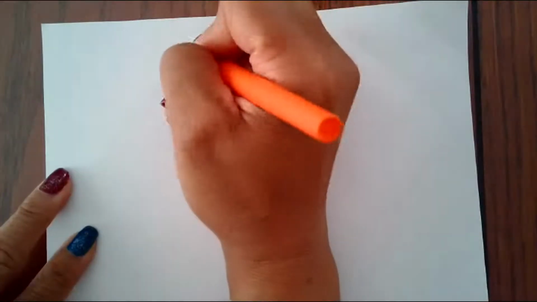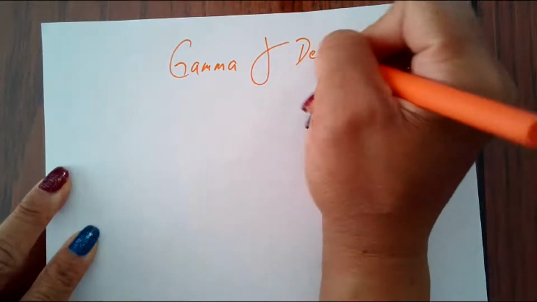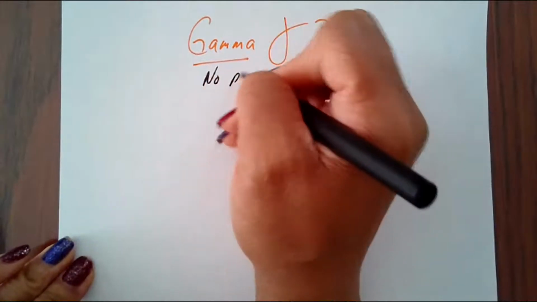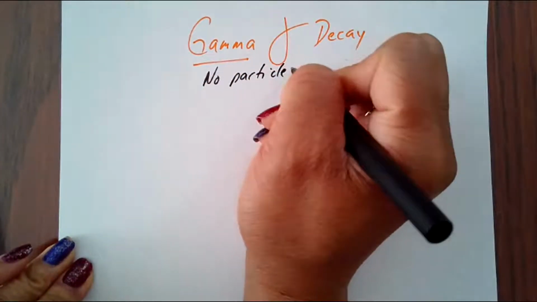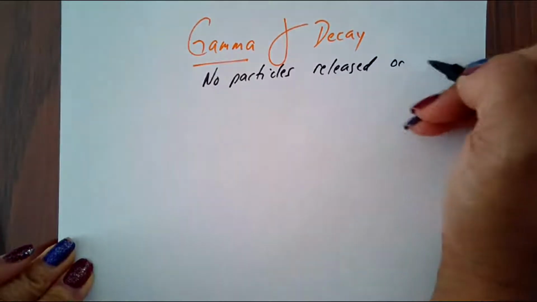The last radioactive decay that we're going to look at is a gamma decay. So what happens in a gamma decay? Gamma decay involves pure energy. It does not include any particle, so there are no particles released, emitted, or absorbed.